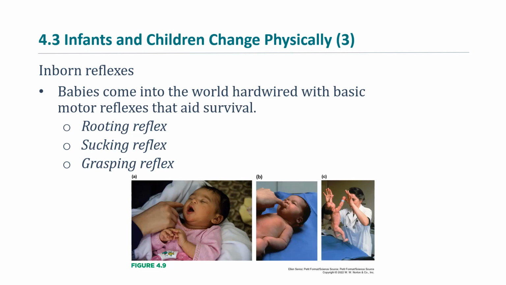It occurs automatically. The grasping reflex, shown in the third picture, is that if you put your finger in the palm of an infant's hand, a newborn's hand, they will grasp on to your finger very tightly. And because it's a reflex, they can't decide to let go.